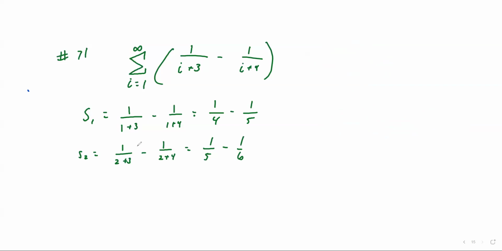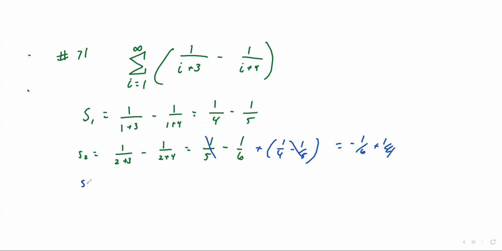So technically, S of 2 would be this guy. So, hold on, that would be this plus 1/4 minus 1/5, because you have to take S1 and S2 together. So I see when I do that, 1/5 and 1/5 would cancel, and I'd be left with negative 1/6 plus 1/4.